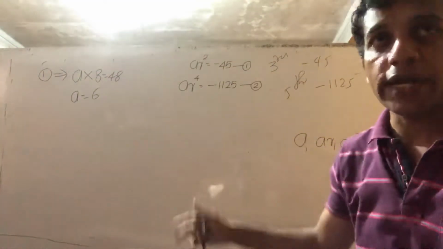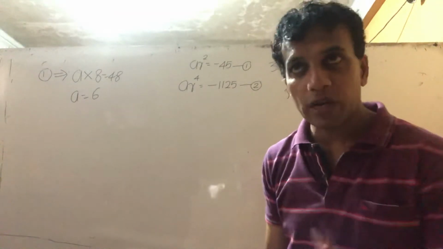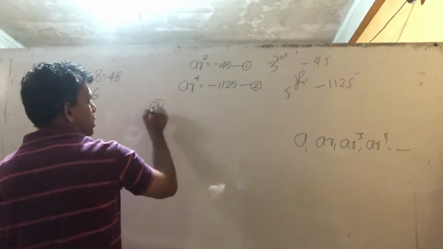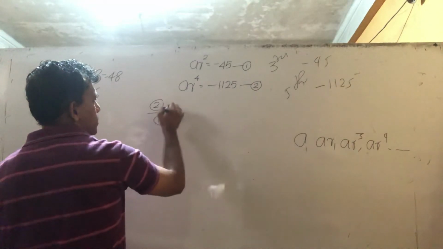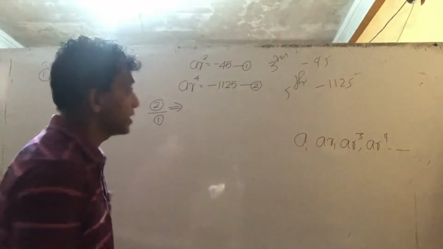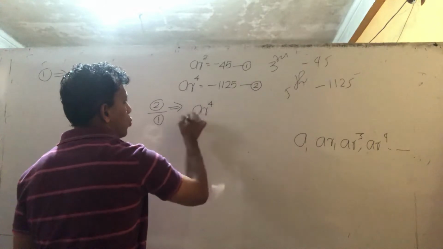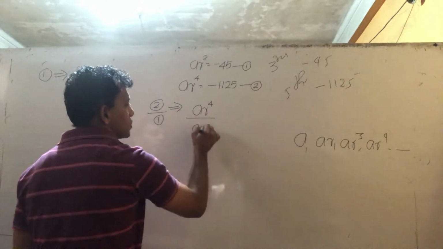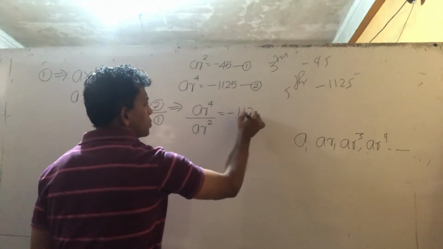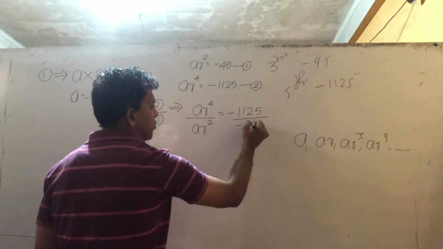Now solve. The idea of solving in GP problems is to divide one by the other. So if I say second equation divided by the first, second one a r to the power 4 over a r square equals minus 1125 over minus 45.